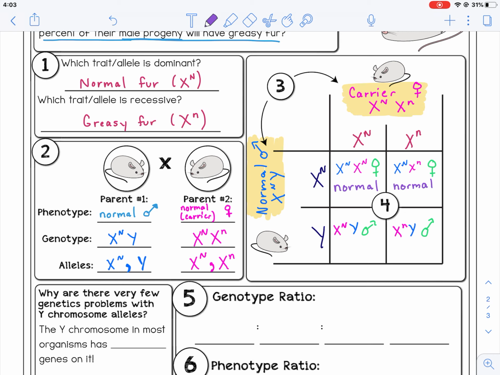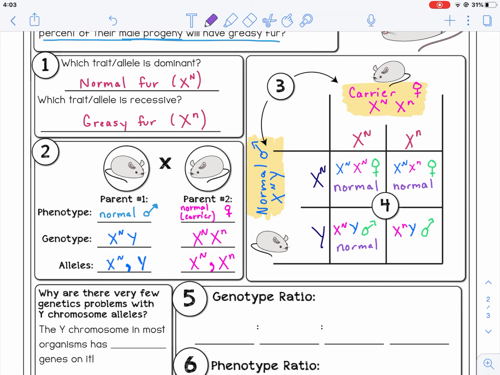In the bottom left-hand corner, this male has one X chromosome, and on that X chromosome, he has the dominant allele. So he's going to have normal fur as well. And then the bottom right-hand corner, you have a male that only has one X chromosome, by definition of being male.